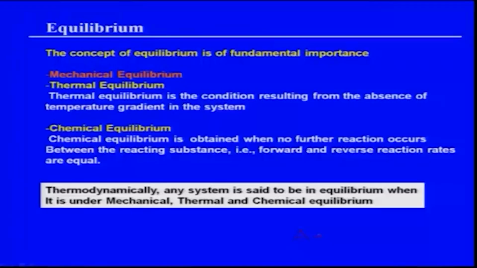If I consider A plus B going to C, this is the forward reaction, and the backward reaction is C going to A plus B. The rate of A plus B going to C must be the same as that of C going to A plus B. When their rates are the same, you will not see any changes happening in the system, and that is why you say chemical equilibrium.